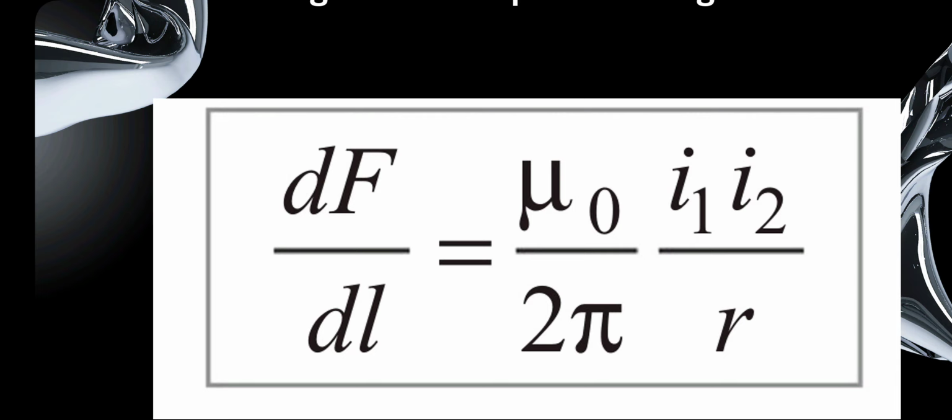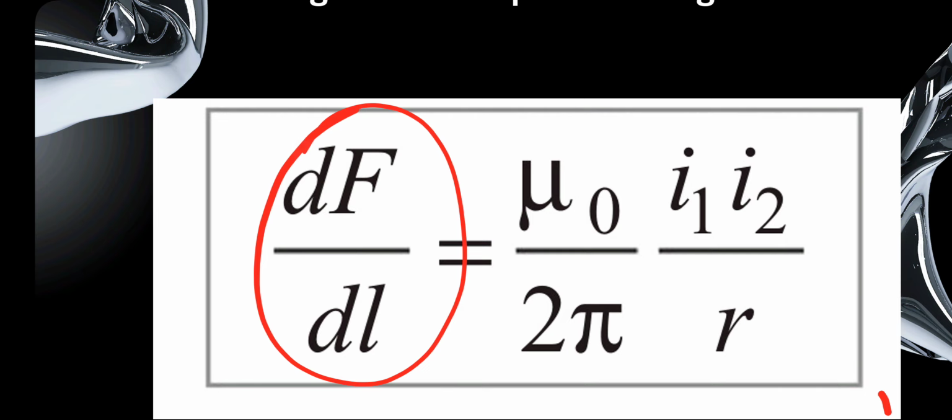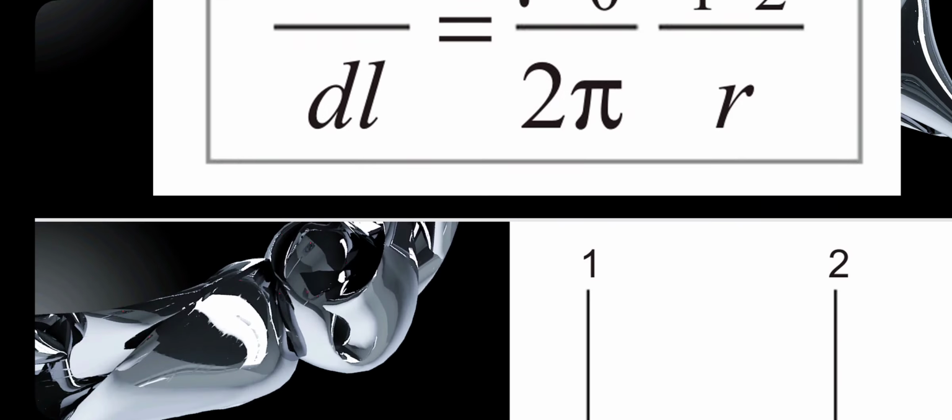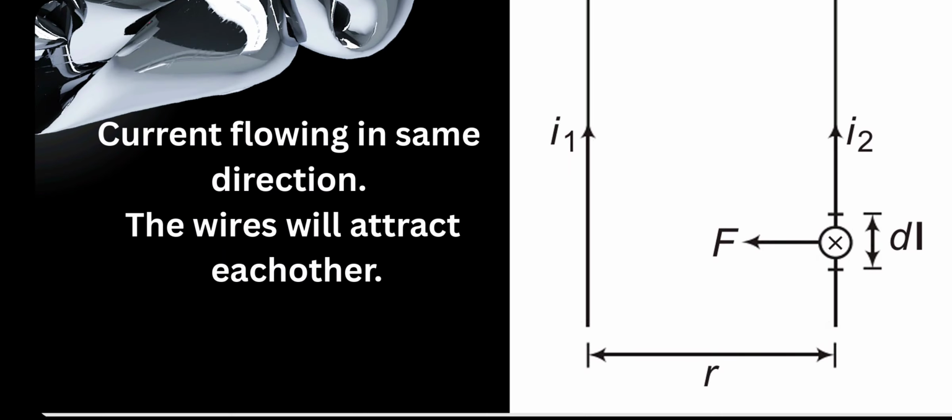Now for the magnetic force per unit length, when we divide dF by dl in the previous equation, we get mu 0 by 2 pi I1 I2 by r. This is the final expression. Now if the currents I1 and I2 are flowing in the same direction, the force will be attractive in nature.